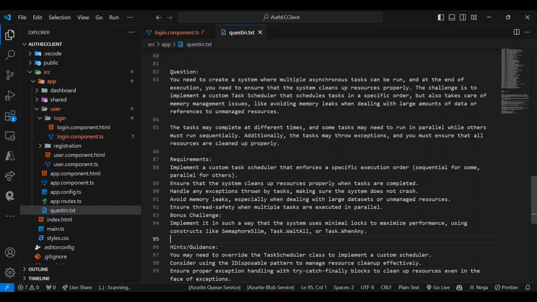And one more question: what is the difference between static and singleton, and if we have to implement static or singleton classes, what type of constructor do we create by default? As the .NET backend side, these are the questions they asked.